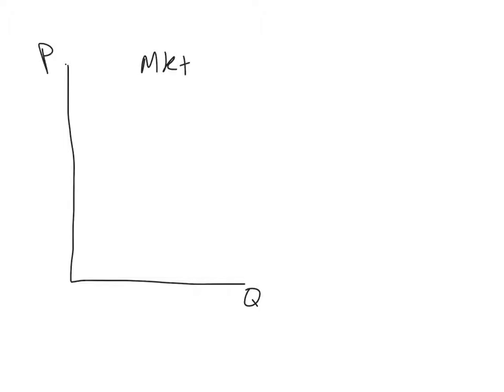Well, let's use our model here, and let me switch to my pen. Let's analyze the quinoa market. Price is dollars per kilo, I'm assuming, and we'll say million kilos per year on the units.